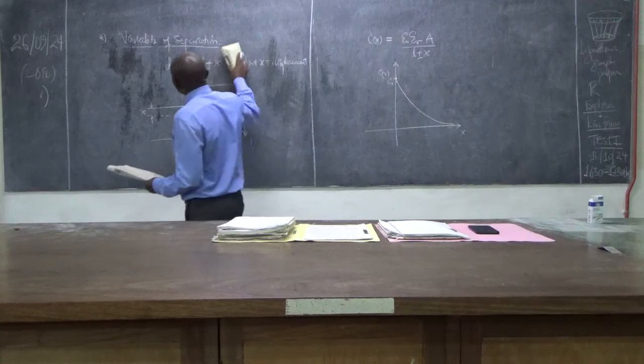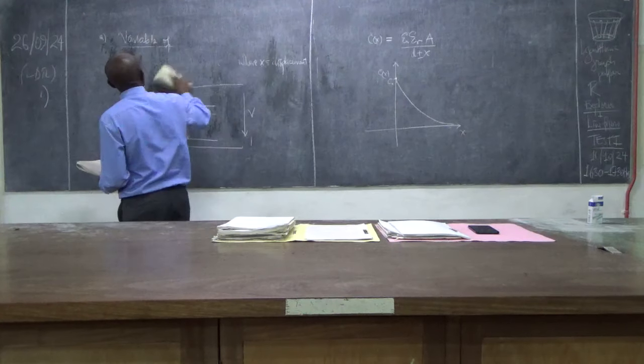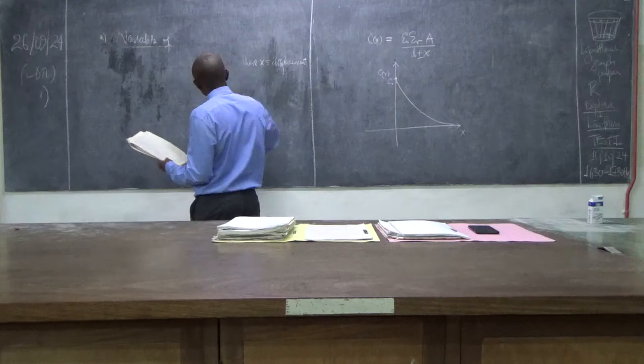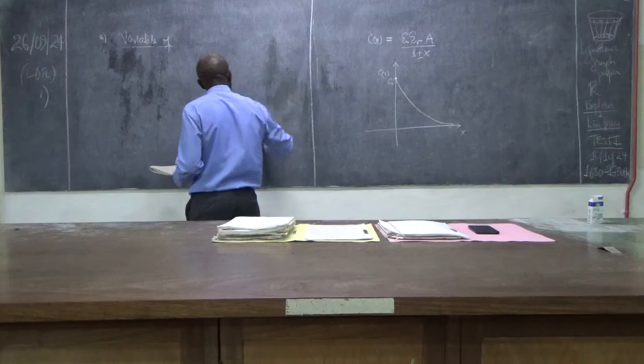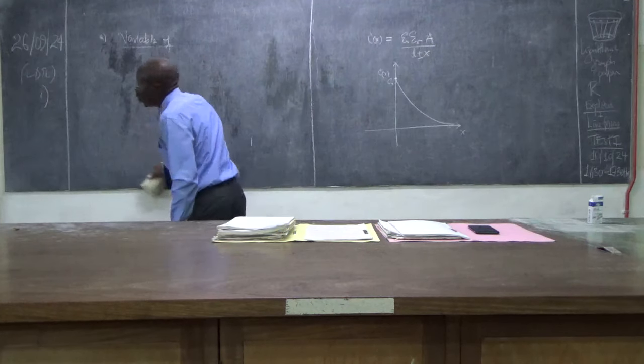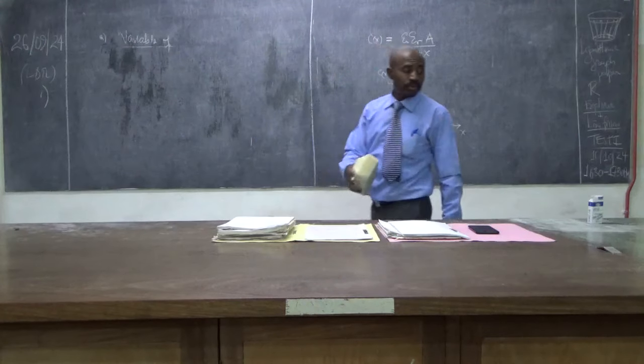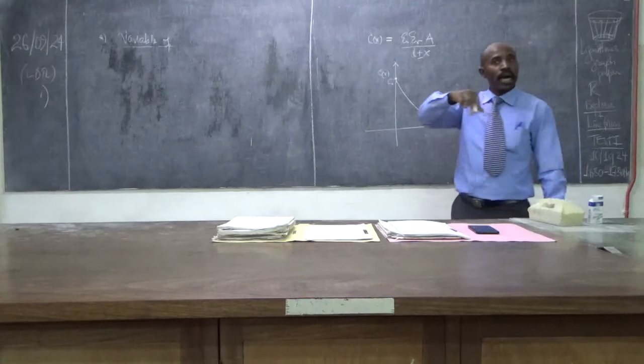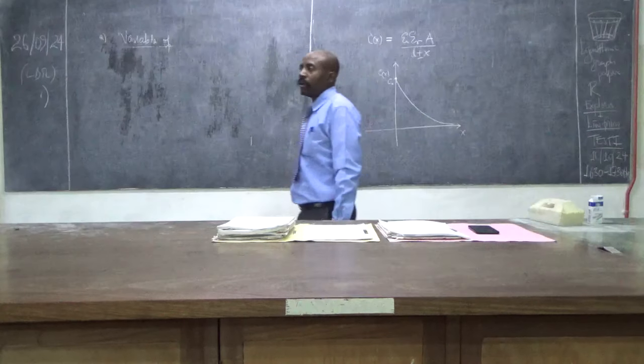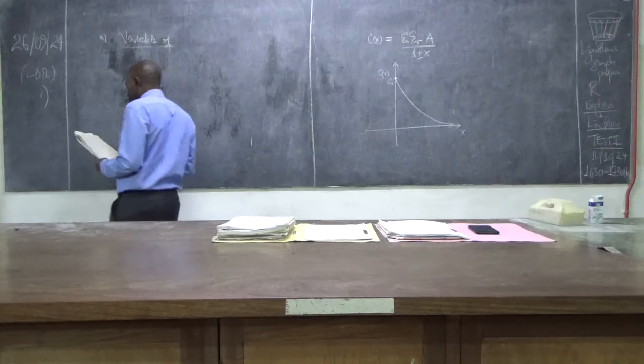The next variable, we look at the variable of area. How about if whatever we are doing will change the area? Like I told you about half split circular plates.